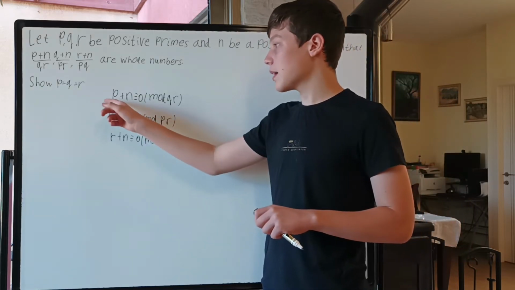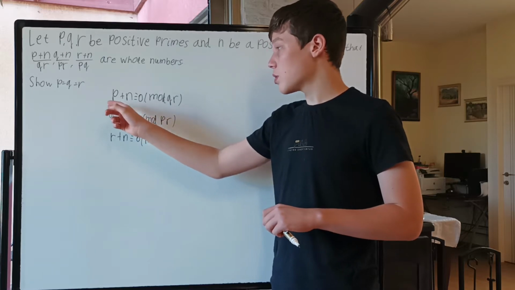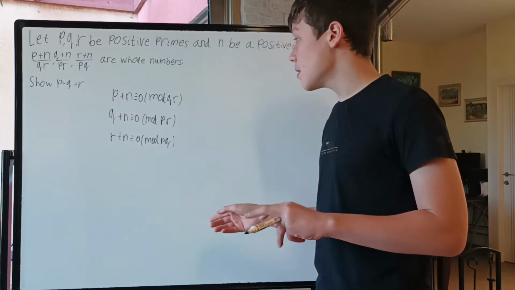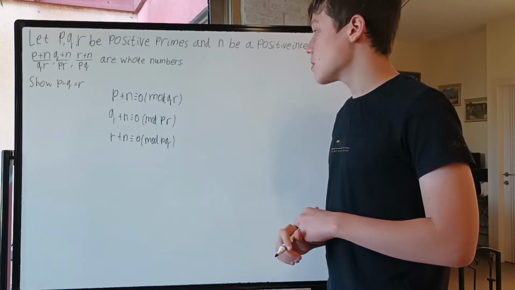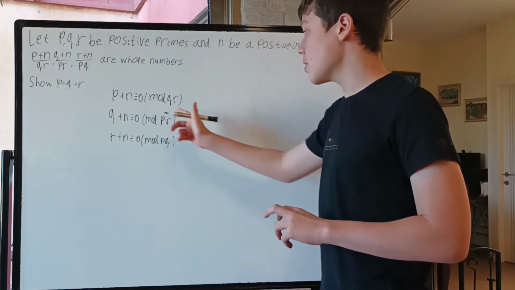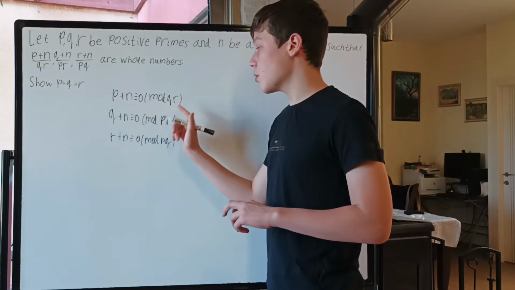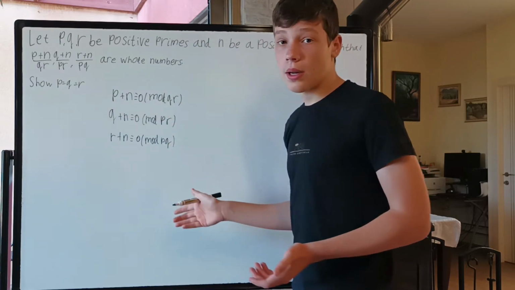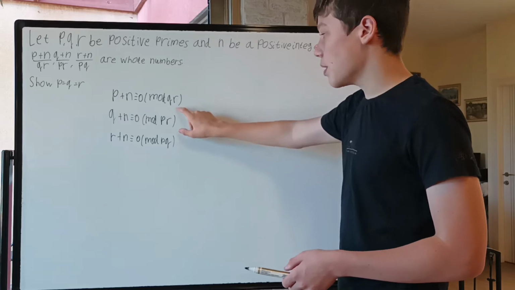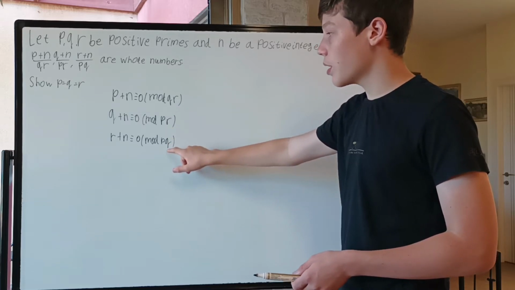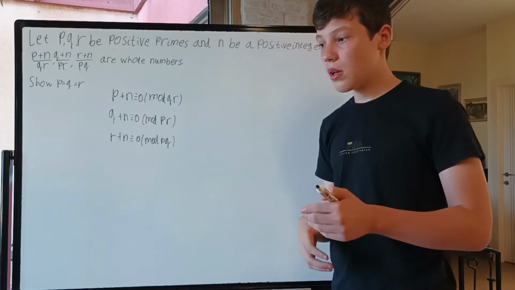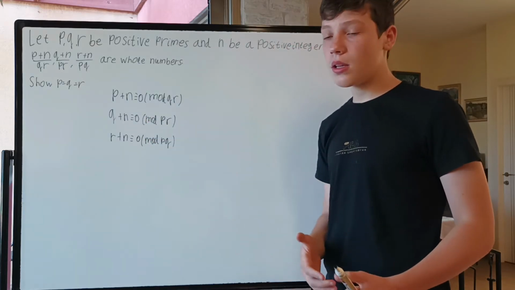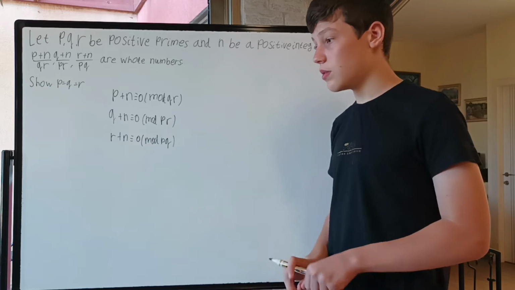Right? So if I multiply, say, this by 2, so 2 times (P plus N) is also going to be 0 mod 2QR. So what I want to do is to here multiply by P, here by Q, and here by R. Why? Well, because now I'll get PQR here, PQR here, PQR here, but I'll get 3 different numbers here. So maybe I'll be able to play with those numbers in some way that will lead me to the solution.